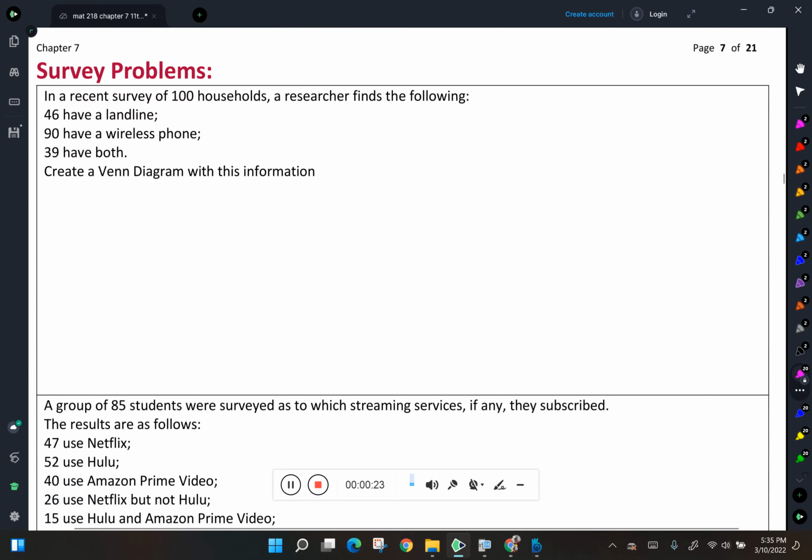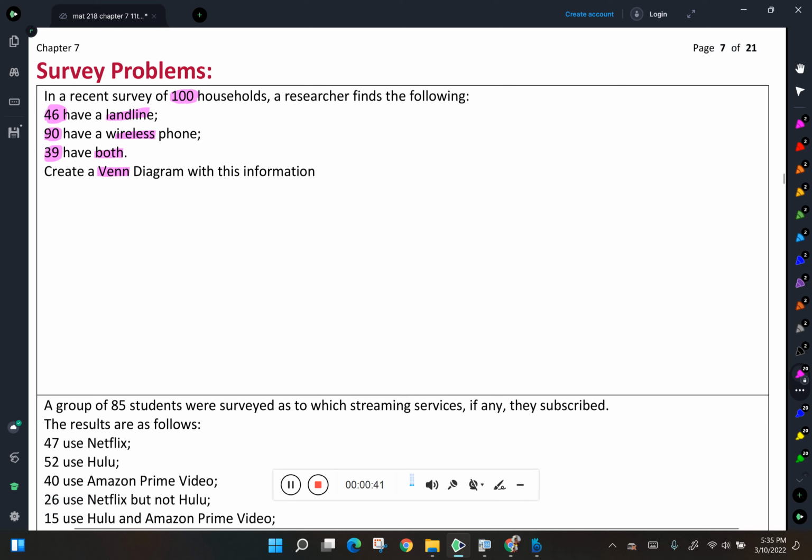All right, so I'm going to read the problem and see if I can make some sense out of it. In a recent survey of 100 households, the researcher finds that 46 have a landline, 90 have a wireless phone, and 39 have both. Create a Venn diagram for this information.